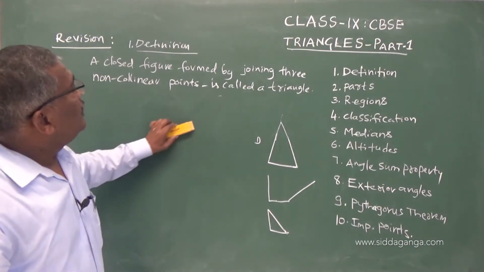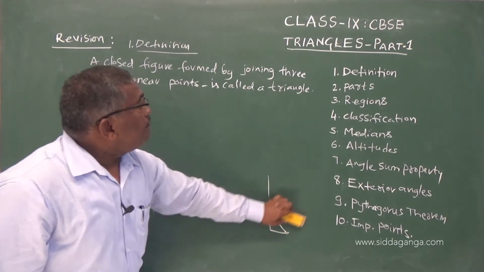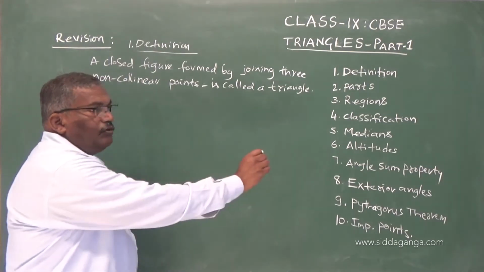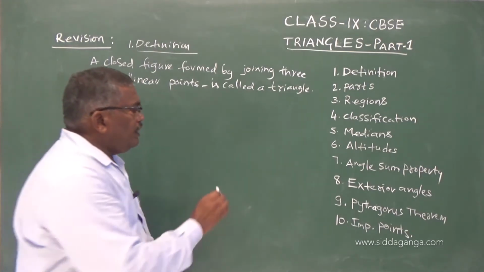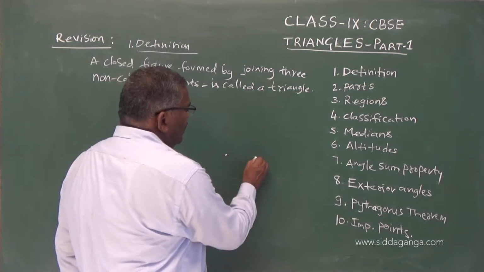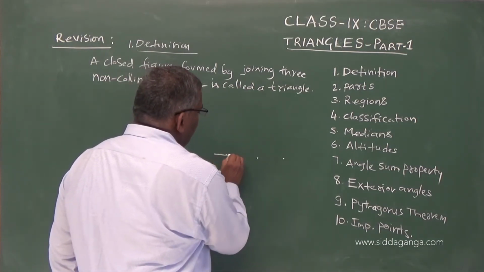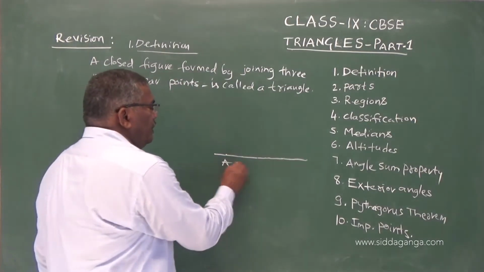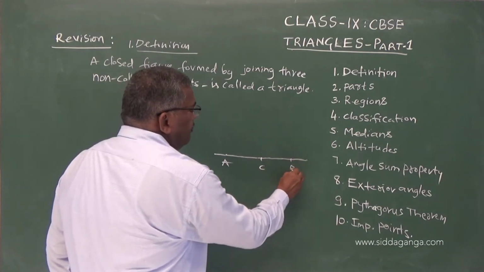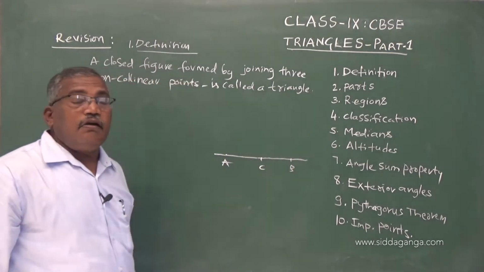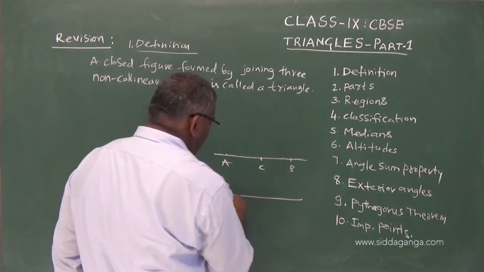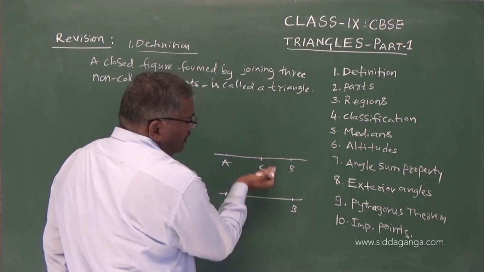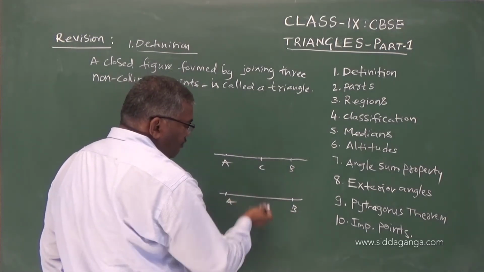Therefore a closed figure formed by 3 non-collinear points. If they are collinear, a triangle will not be formed, only a single straight line. Suppose A, B, C are in a straight line; if we join them, a triangle is not formed. Suppose this is A, this is B, and C is either above the line AB or below the line AB.